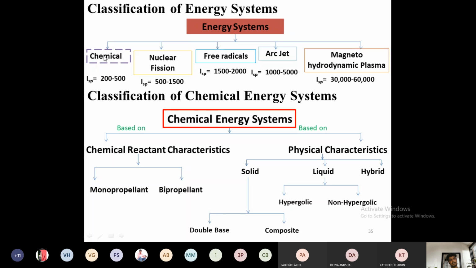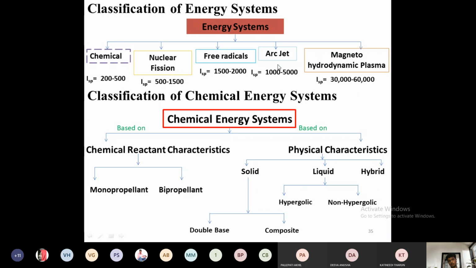Below are their specific impulses. From the specific impulse definition, we can say that a fuel with a high specific impulse is very advantageous for our rocket. The highest specific impulse is for the magnetohydrodynamic plasma.